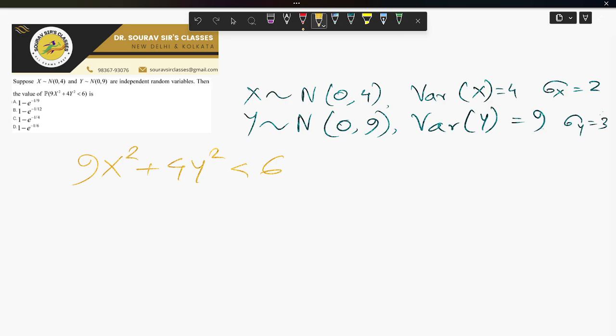So 9X square plus 4Y square less than 6 can be rewritten as 9X square by 6 plus 4Y square by 6 less than 1.